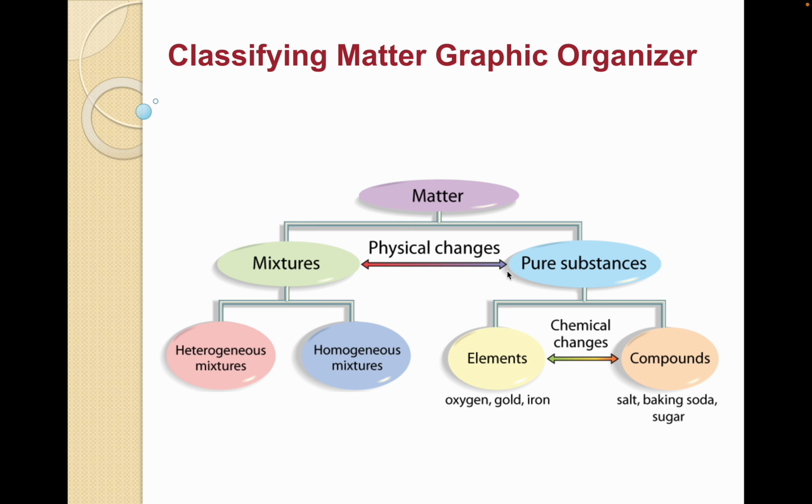Between the mixtures it's just going to be physical changes, but between the elements and compounds, it's going to be chemical changes, right? Elements are anything on the periodic table: oxygen, gold, iron, lithium, carbon. But compounds are salt, baking soda, sugar, water, carbon dioxide.